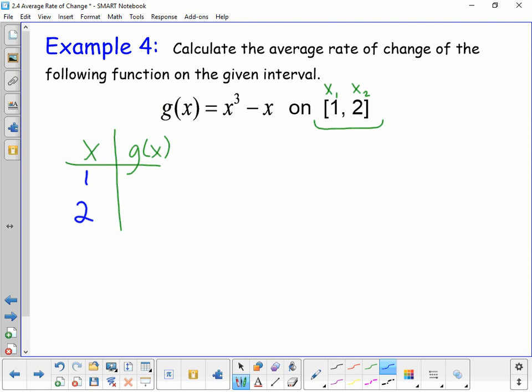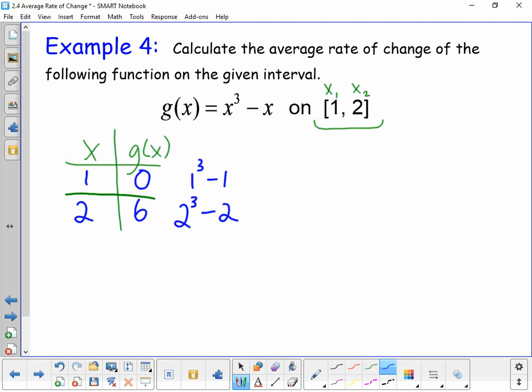And to fill in our table, we just need to plug in each of these x values into our function. So for the first one, if we plug 1 into our function, we get 1 to the third power minus 1. Well, that happens to be 0. And if we substitute in a value of 2 for x, we get 2 to the third minus 2, and that is 6. 2 to the third is 8, and if we subtract 2, we get 6.